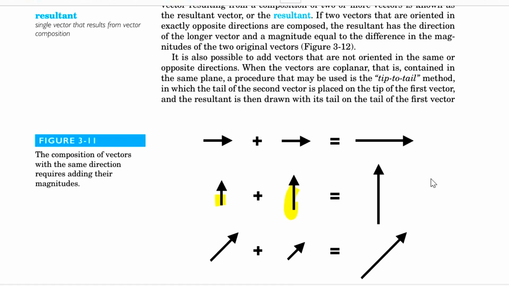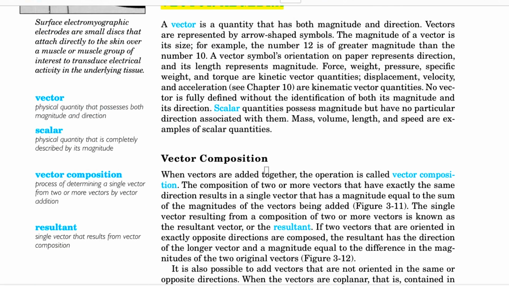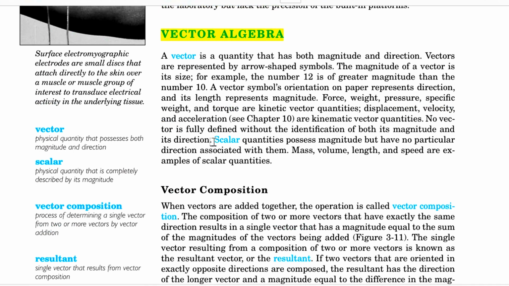The other concept is the scalar. We can scroll up again. See the scalar: a scalar quantity only has magnitude and no direction.